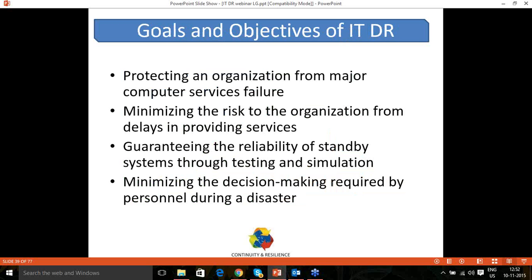So what should be the goals of ITDR for me? I need to protect my organization from computer services failure, IT failure, and minimize the risk to the organization. I may lose business. For example, this morning I went to an ATM. The ATM which I usually go to was down. So I went to the next ATM.